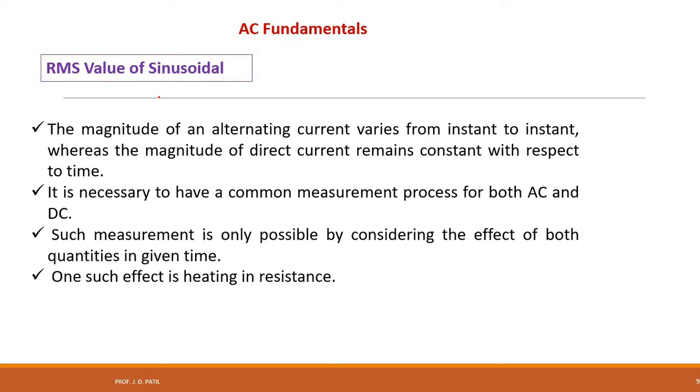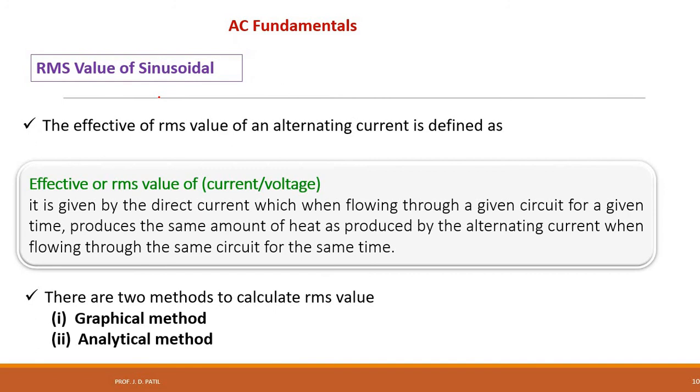If we give a supply to a heating coil and measure the effect of passing the current through it, by supplying either an AC current or a DC current, whatever heat is produced is taken as a reference. From that, the calculations are done for the AC RMS value and the DC value, that is, the direct current value.